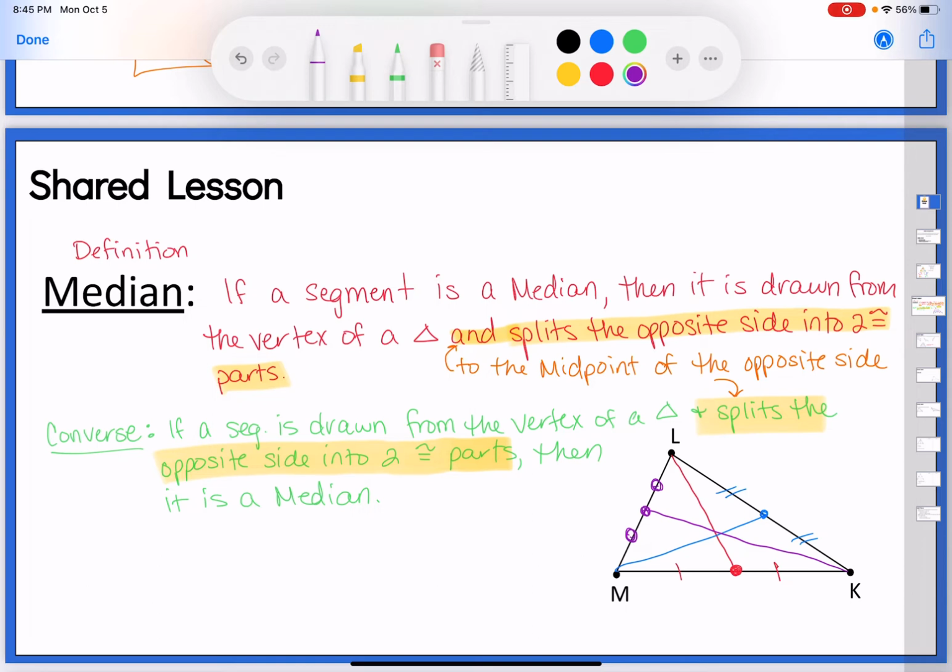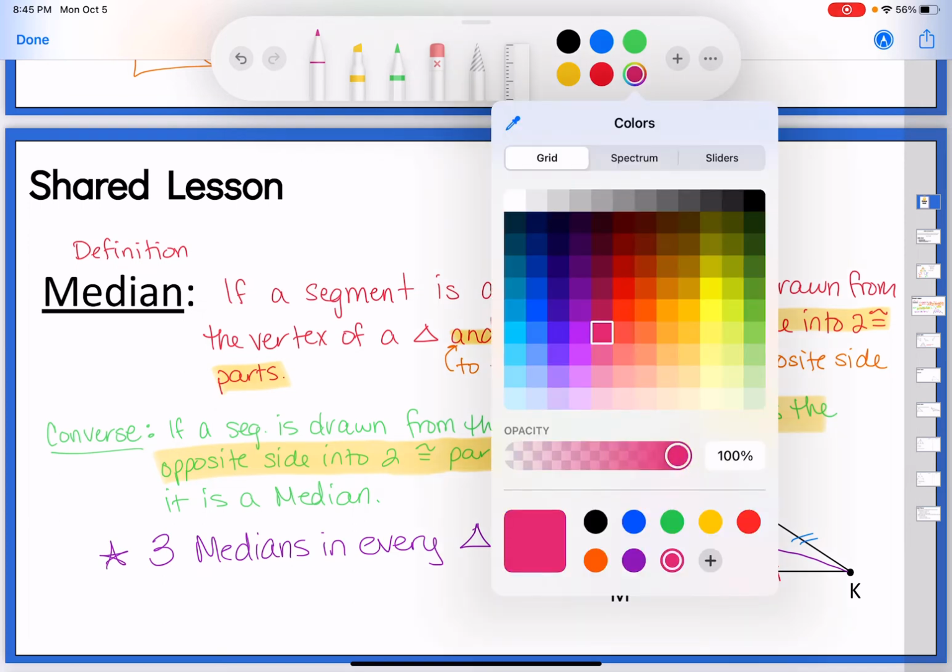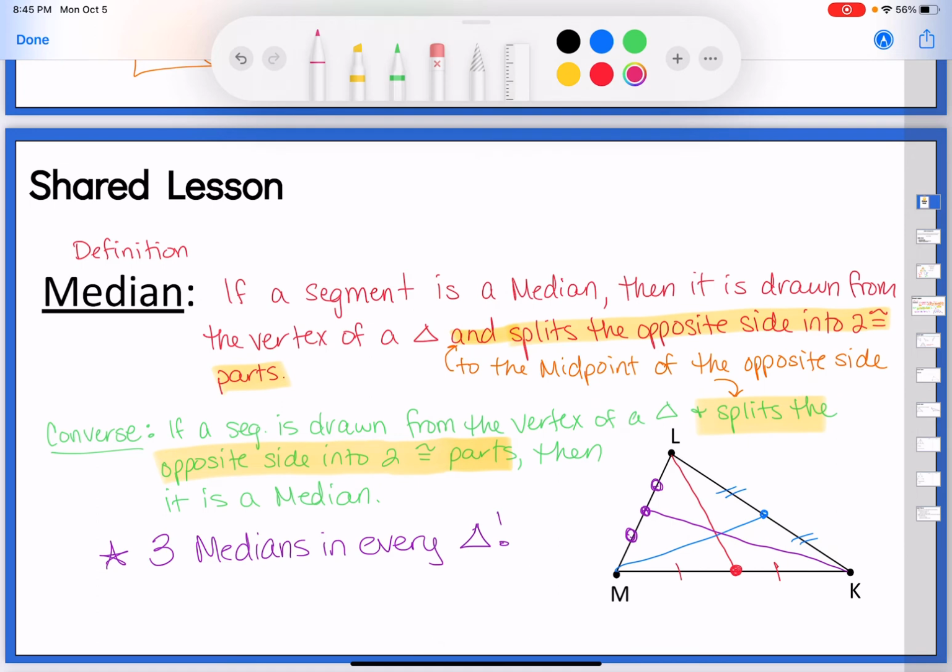So there are 3 medians in every triangle, no matter what. 3 medians in every triangle, and these medians will always be inside the triangle. When I have to go to the midpoint of the opposite side, that segment has to slice right down the middle of that triangle, always inside the triangle.